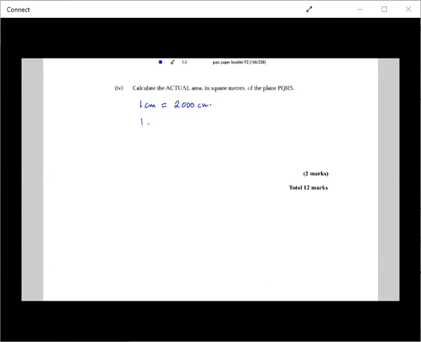Or I could say 1 centimeter, if I divide this by 100, is equal to 20 meters. All right. 1 centimeter is equal to 20 meters. If I square both sides, I'm going to get 1 square centimeter is equal to 400 square meters.